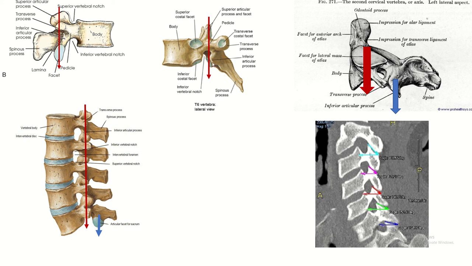This is the thoracic vertebra, where the level of the superior and inferior articular processes is the same, and in the lumbar region this is also the same except for the fifth lumbar vertebra, where they are not at the same level.